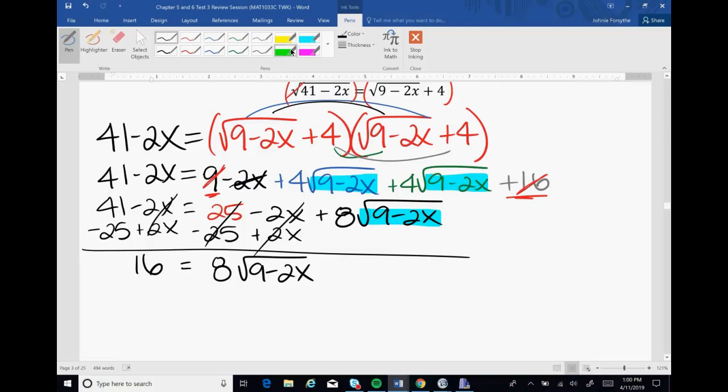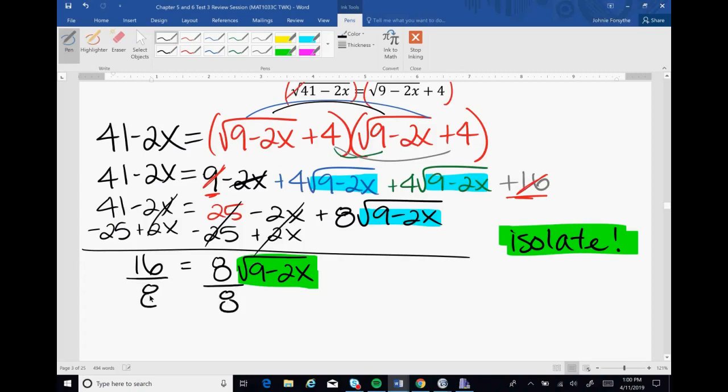Okay, so remember the goal is to get this by itself. It's not isolated yet, but if I divide by 8, then it will be, because I'll have 2 equals square root of 9 minus 2x. Look at that. Got it by itself.